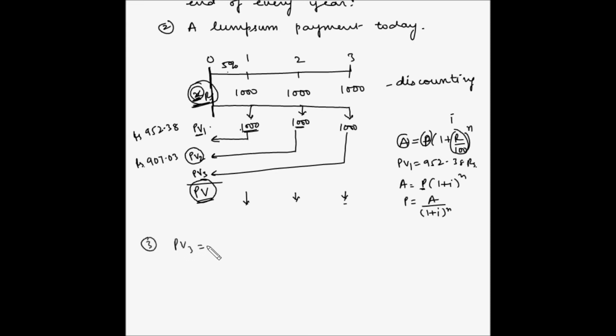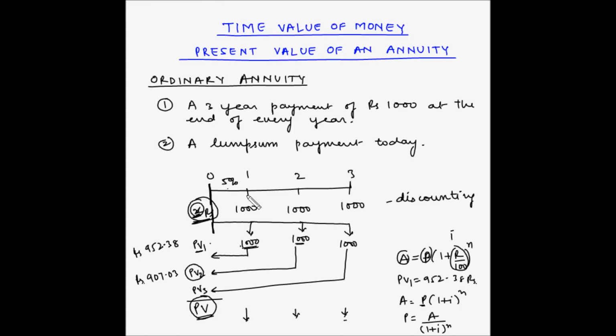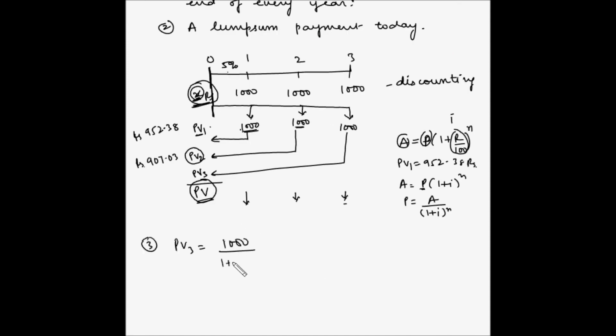So PV3 is equal to A, which is again 1000, divided by 1 plus I. I in this case is 5 divided by 100, which is 0.05. So 1 plus 0.05, and n in this case is 3. So this is 1000 divided by 1.05 cube, and this is equal to 863.84 rupees.